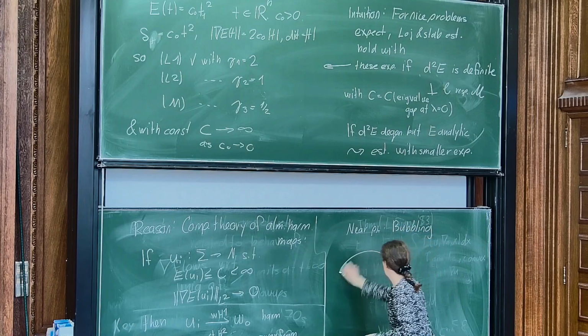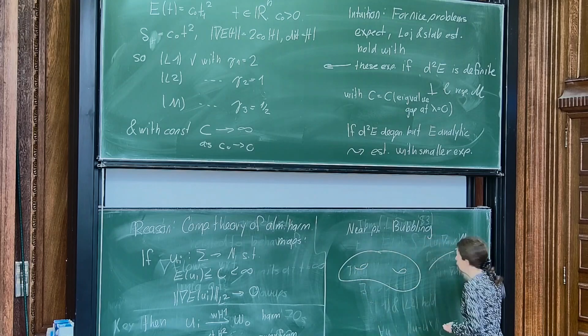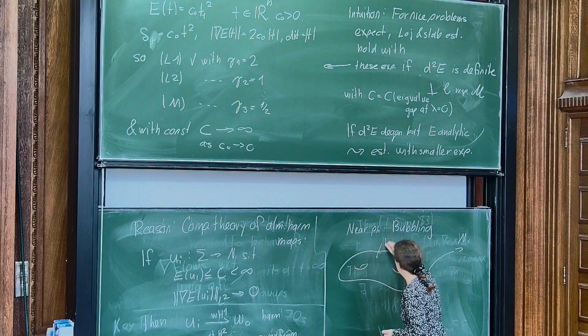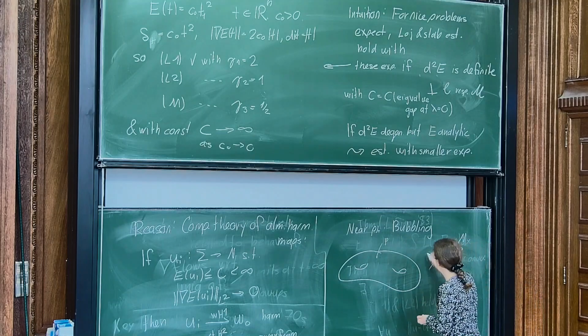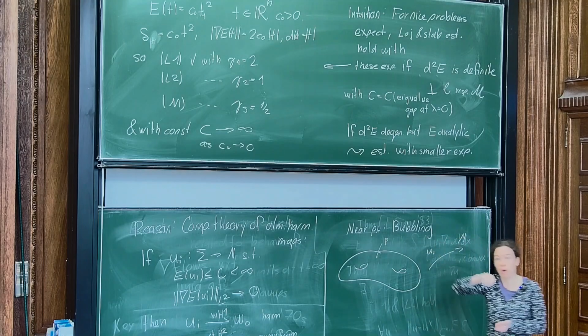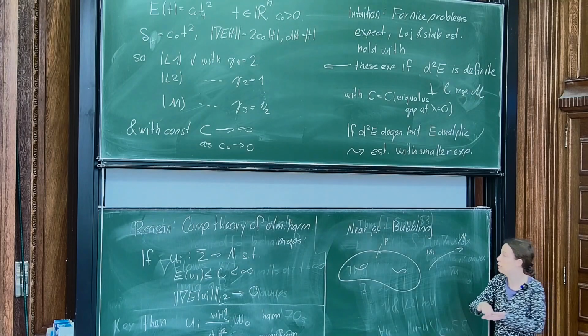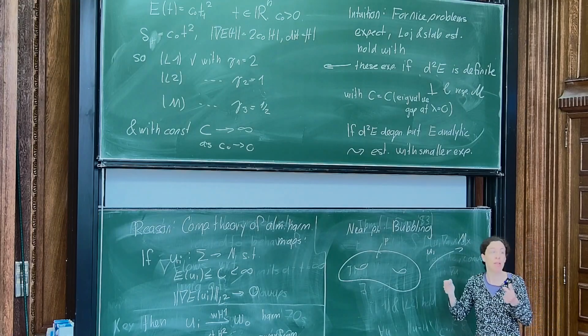So if this is your domain into n, and you have such a singular point P here, then if you look at your ui's, there will be energy concentrating on smaller and smaller scales. In applications, you might call them microdomains where something happens. And there might be multiple of these domains.